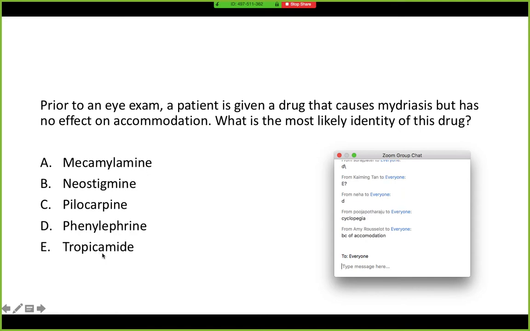Accommodation occurs with E. Right, or it affects accommodation. You have cycloplegia. Yeah, that's correct. And that's because tropicamide, its mechanism of action is, and I see somebody said it, an antimuscarinic. Yep.